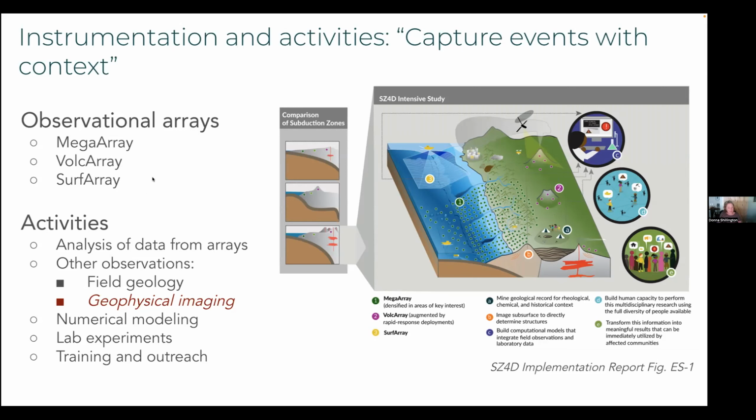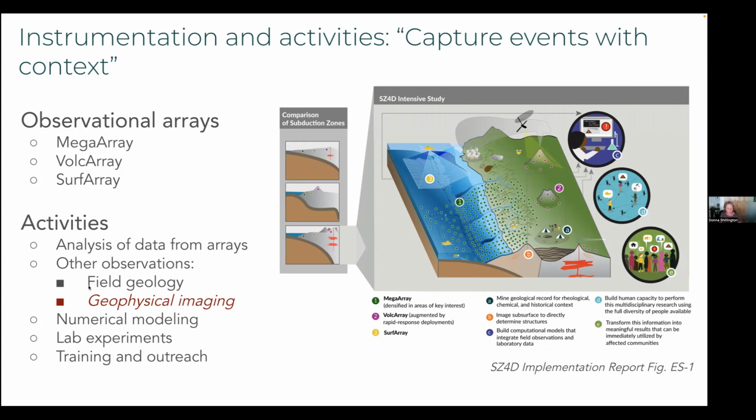But to contextualize these arrays, which are intended to be deployed for a longer period of time to see behavior, we need other things to understand what those observational arrays are telling us. So, field geology to give us a longer time perspective of subduction zone behavior and deformation. Geophysical imaging to show us what is the configuration of the subduction zone that's making the behavior observed by these arrays.